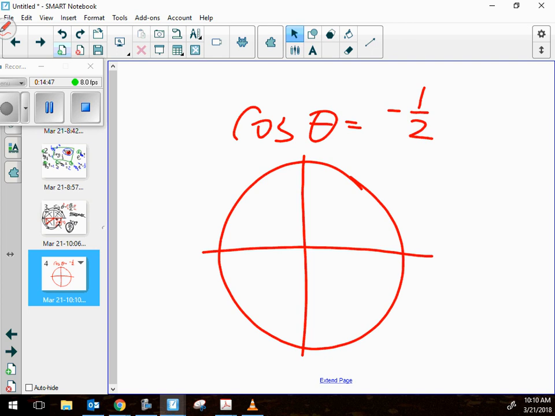Use circle trig to do it. There is a way to do this with graphing trig, but I think it'd be better to do it with circle trig. So I'll show you how you could have done it with graphing trig too, but try it with circle trig.